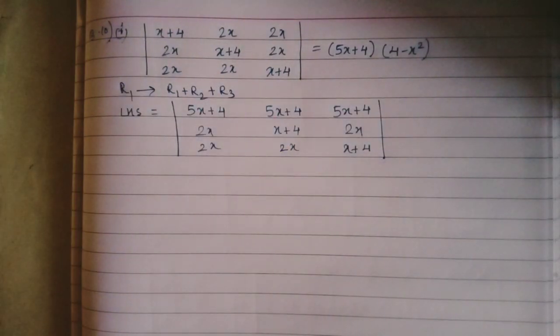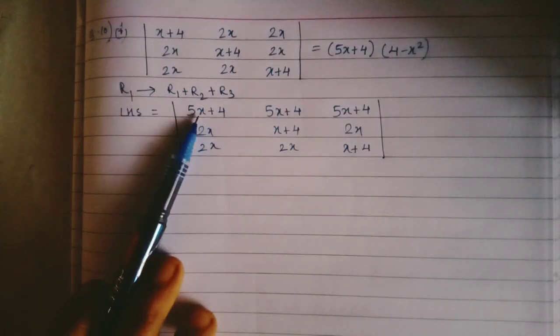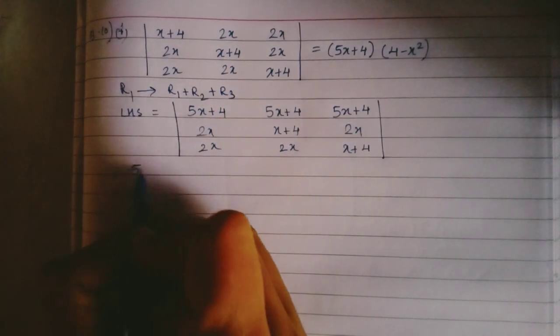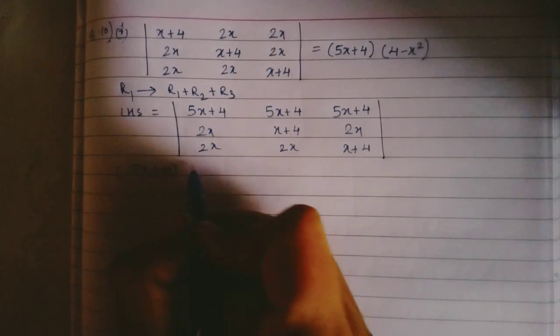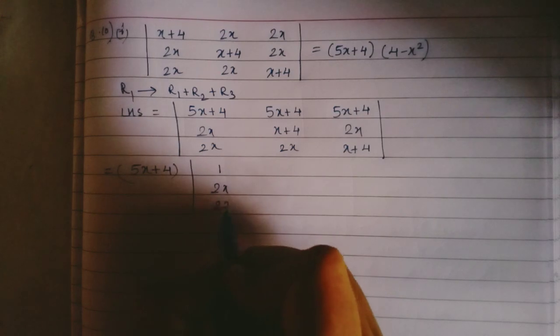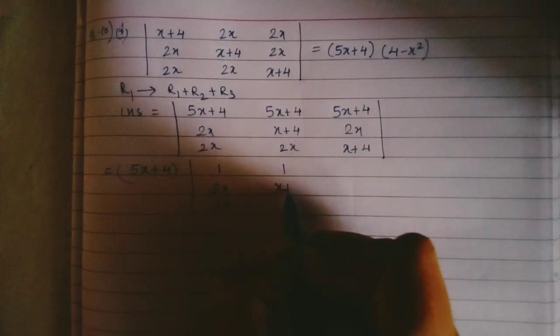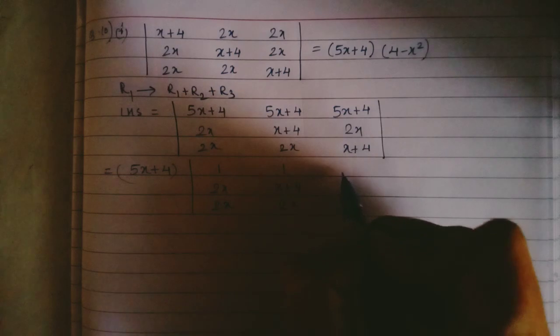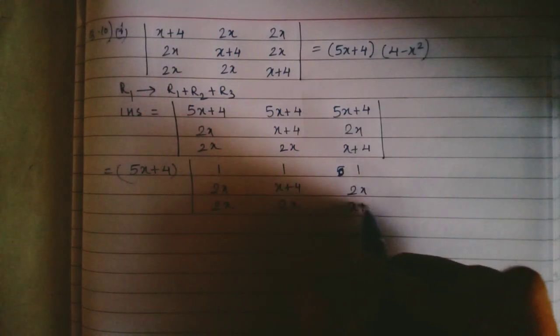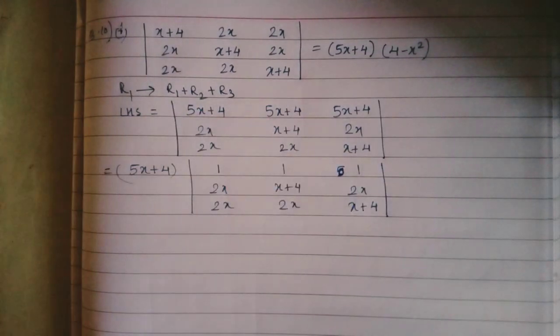Okay, now we can take out this element common, that is from R1, 5x plus 4. Okay, now we want 4 minus x square, right? So want it in the form of x square.